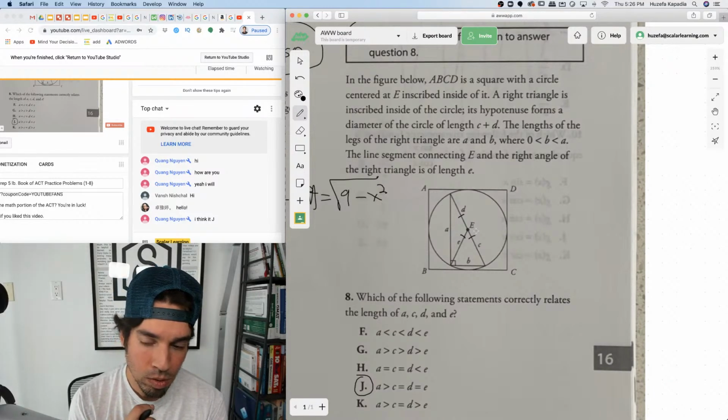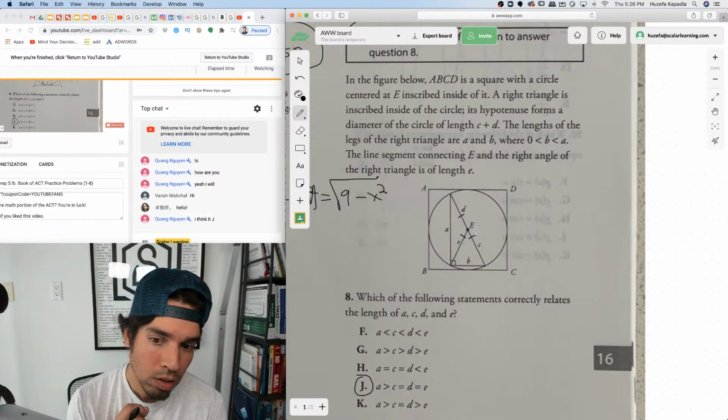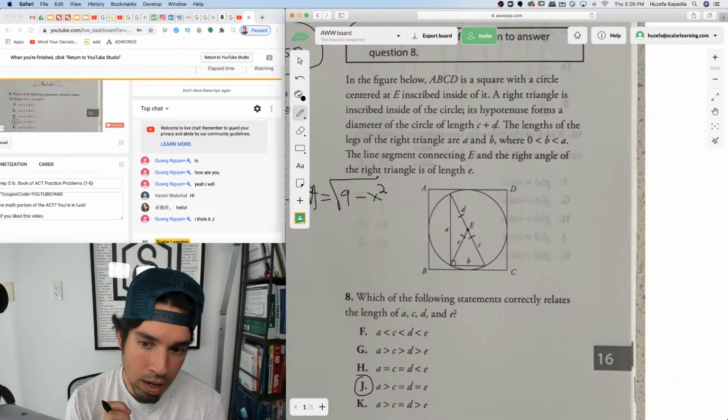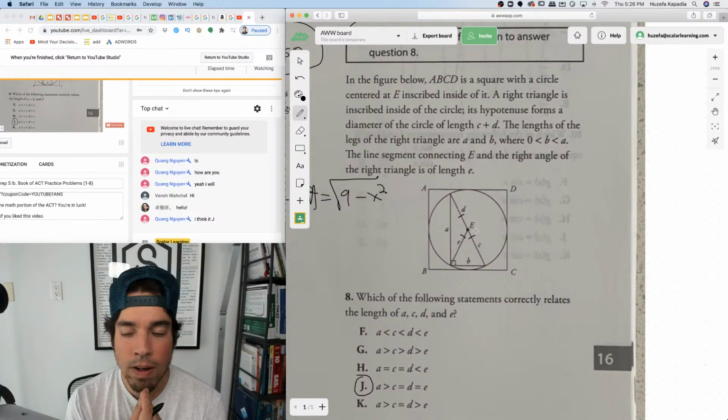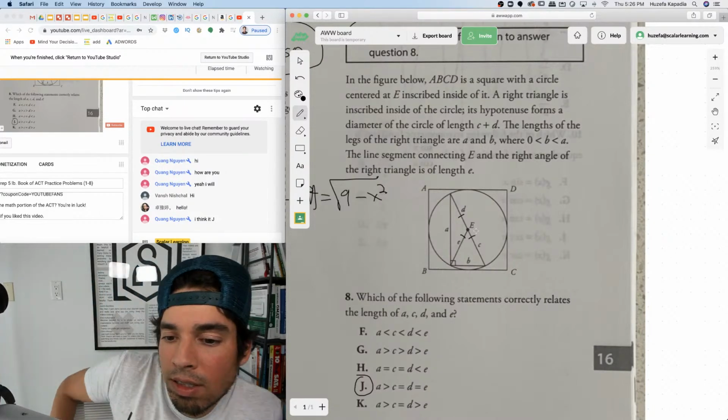A squared plus B squared equals that squared. And the hypotenuse is double. Do I know anything about the angles? Is that a 30, 60, 90?